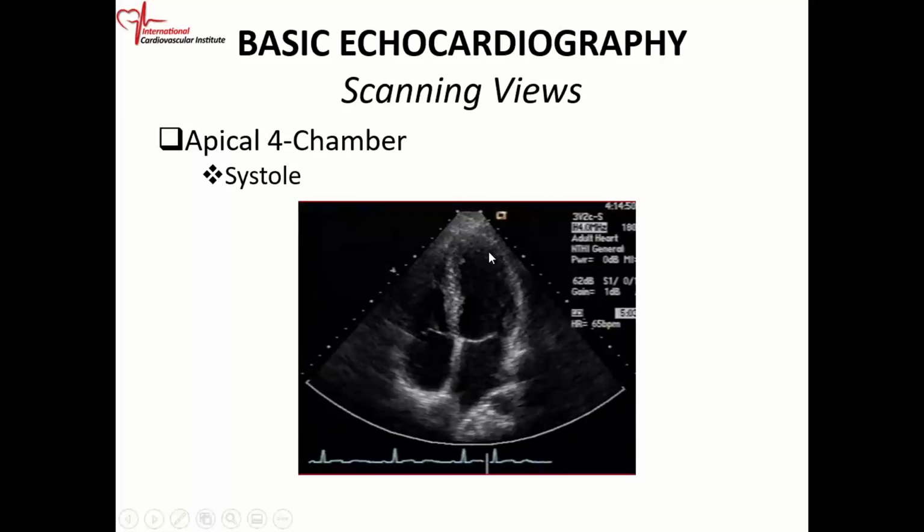When a patient comes to the lab and you're scanning, you're not going to see these labels. It is not going to be labeled. You're going to get a heart, and you have to figure out which cavity is which. You'll see a patient come in with congenital heart disease, and things are probably not going to be in the position that you thought they would be.